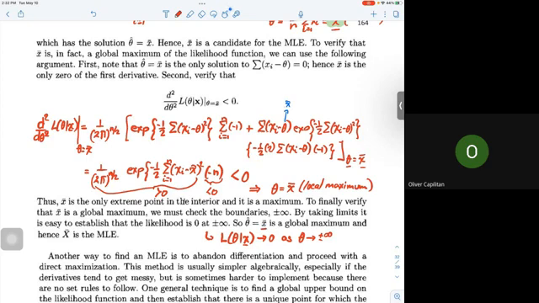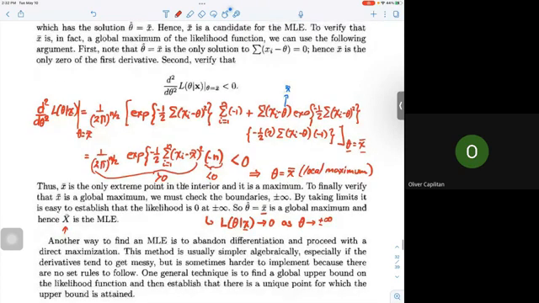Therefore, we conclude that our maximum likelihood estimator, which is actually a function of our sample, is the big X bar, which is actually a random variable, the statistic x bar. So that's a simple illustration of our technique.